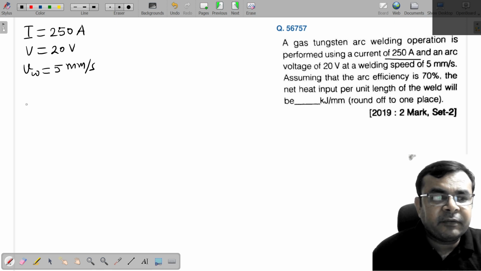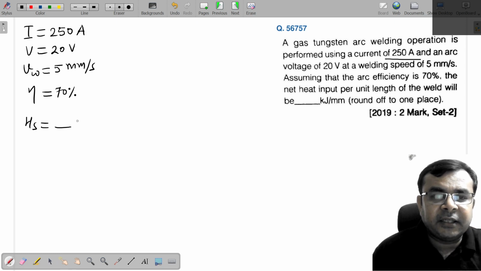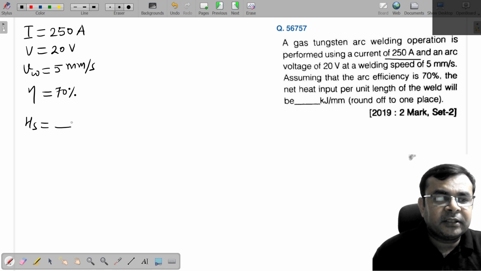Assuming that the arc efficiency is 70%, the net heat input per unit length. Here we need to calculate heat supplied per unit length of the weld, means kilojoule per millimeter.